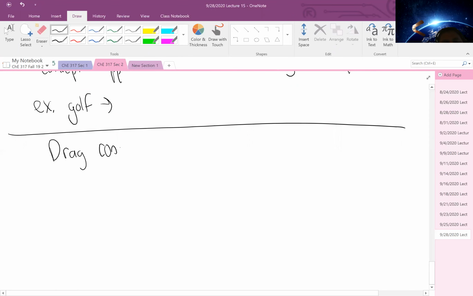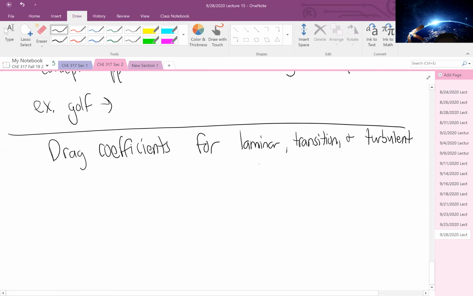So I'll say drag coefficients for laminar, transition, and turbulent flow. Now, for very low Reynolds numbers, we have a special case.